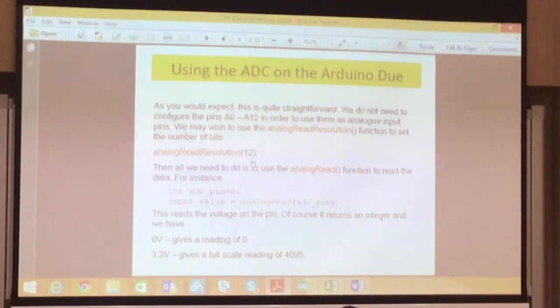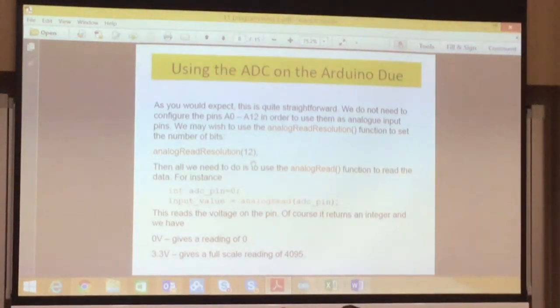If we define it as a 10-bit ADC, then how many possible values do you have? If it's 10-bit, it will be from 0 to 2 to the power of 10, minus 1. So you will have 1024 possible values.